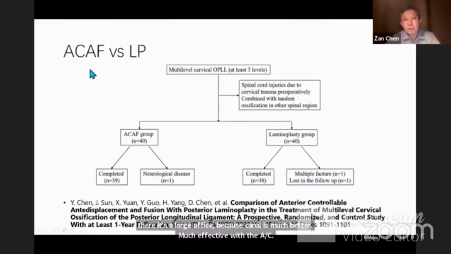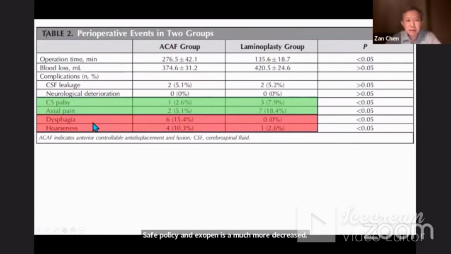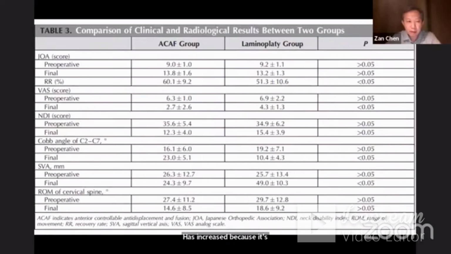And also, the doctors compared ACAF and laminoplasty, and they found that C5 palsy and axial pain are decreased significantly. But dysphagia and hoarseness are increased, because this is related to the anterior approach.